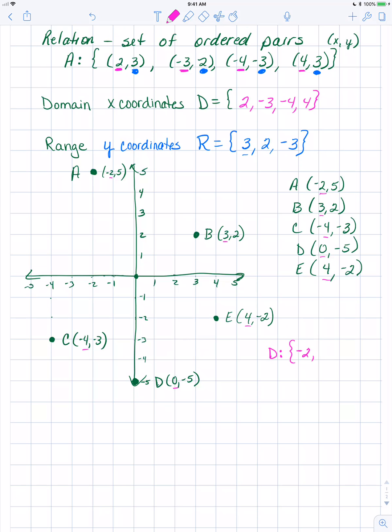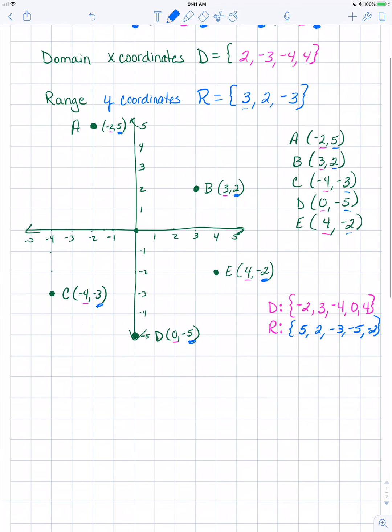So that's -2, 3, -4, 0, and 4. Then our range, remember, are the y values. So we should be able to either look at a graph and see all these y values that are on here, or we can just look at ordered pairs. So I just wanted to do it both ways so that you can see that you can come up with them different ways.